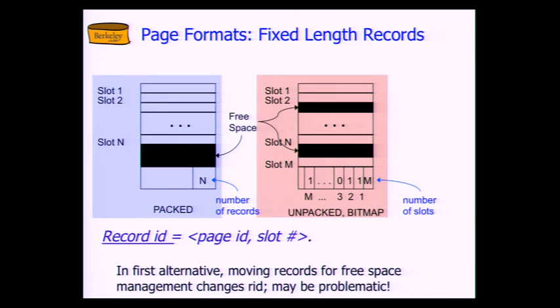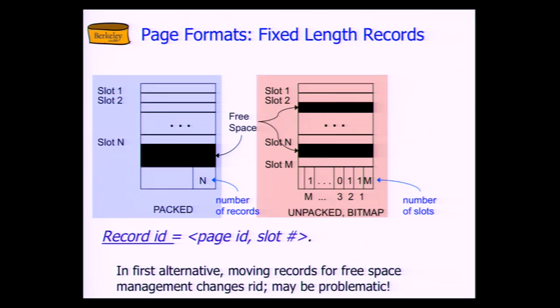Now, in this left-hand representation, if you keep compacting things, you keep changing the slot numbers of things. I delete the second thing here, then the third thing here becomes the second thing here. Which means that anybody who remembered the record ID of the third thing, and it just got changed, has to be notified and update their memory, and it's a pain, right? Because you may have other parts of the database, like indexes, pointing to these tuples.